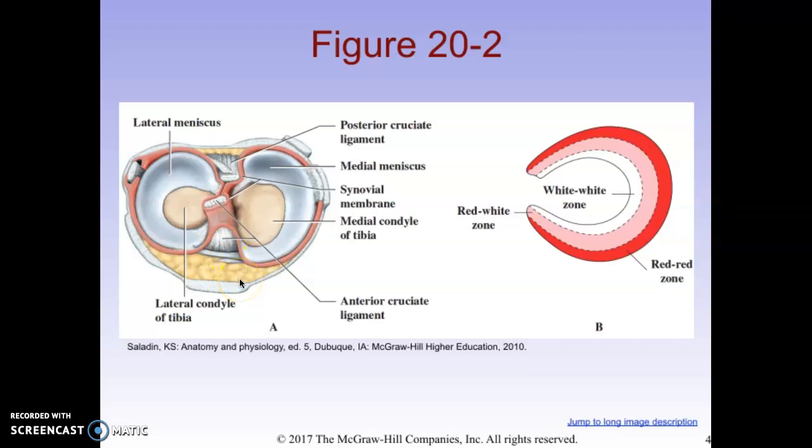That previous video did a great job talking about the menisci. Just remember, you have a lateral meniscus and a medial meniscus, and the two things he talked about that they help with are providing stability, because they're kind of like that cupped shape, and they are also shock absorbers.